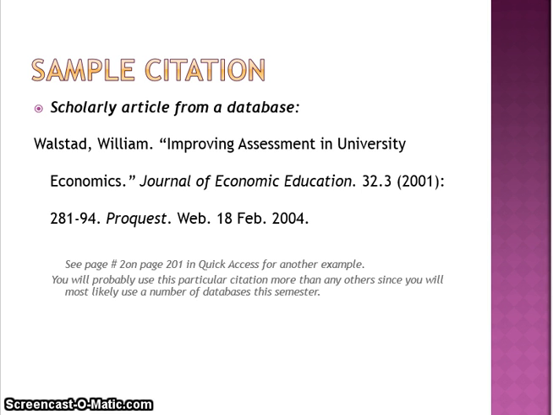Okay, and then you write the database that you got your article from. In this case, we have ProQuest, okay, or it's SIRS, or it's JSTOR, or it's EBSCOhost, or wherever it is that you're looking, okay. And then you write the word web because you accessed it online, and then you write the date that you found it. In this case, we have 18 February 2004, so that would be the date that we found it.